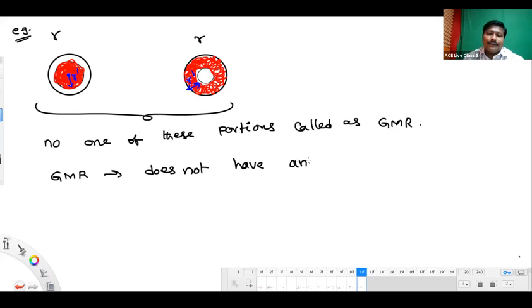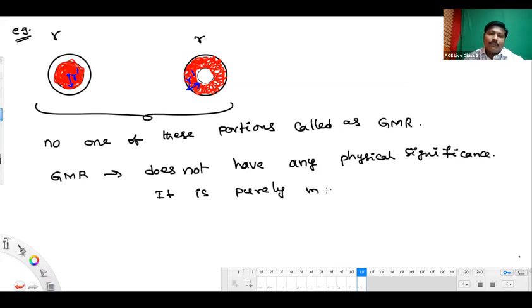GMR does not have any physical significance. It is a purely mathematical term.